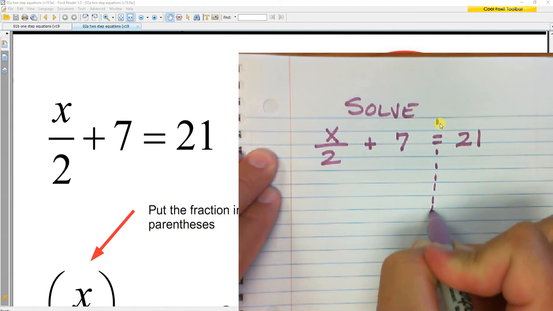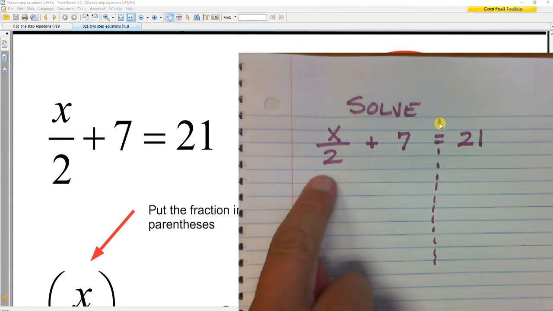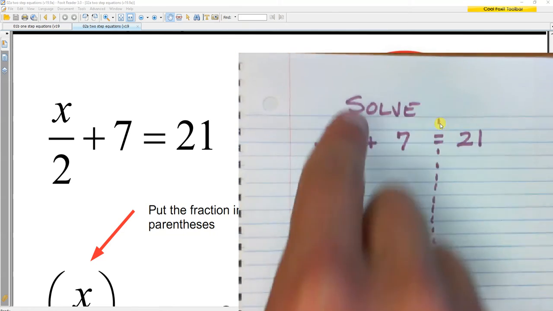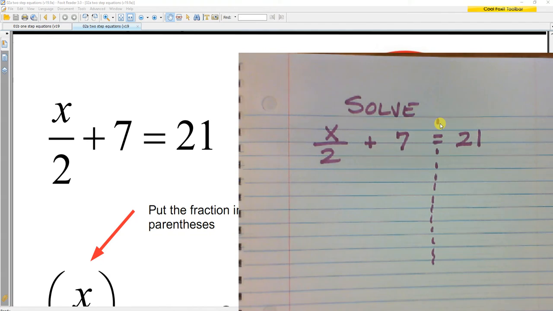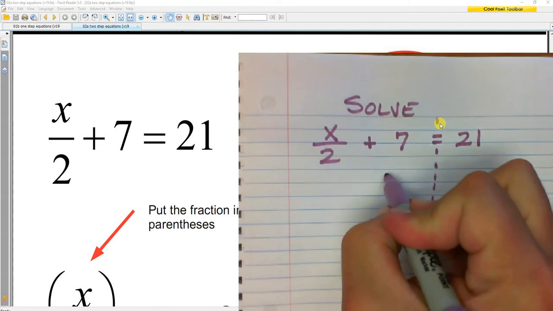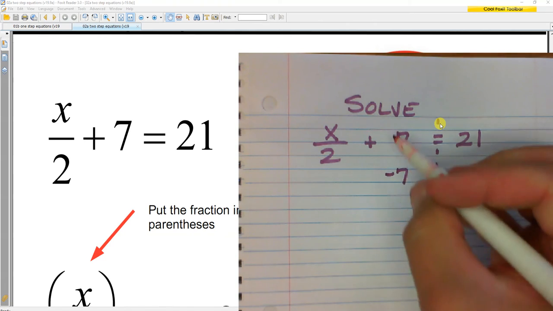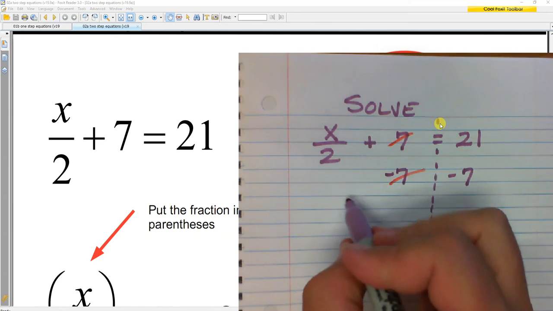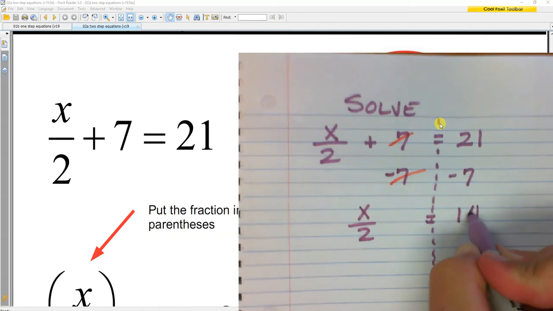Here's the wall. Who should I deal with first? The 2 or the 7? Remember, I want to sneak up on the x. I don't want to go right to the 2. I want to deal with the 7 first. Let's deal with the 7. Subtracting 7 from both sides. Red marker of death and destruction. X over 2 equals 14.